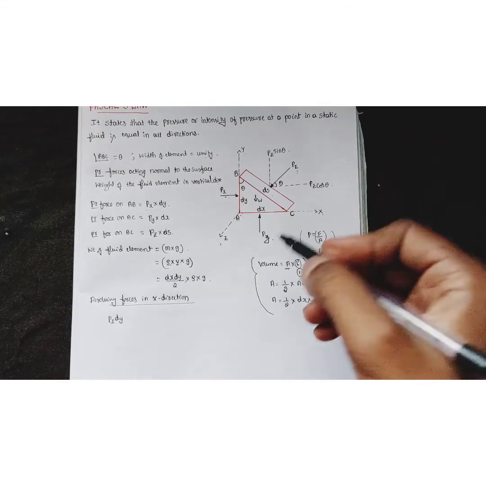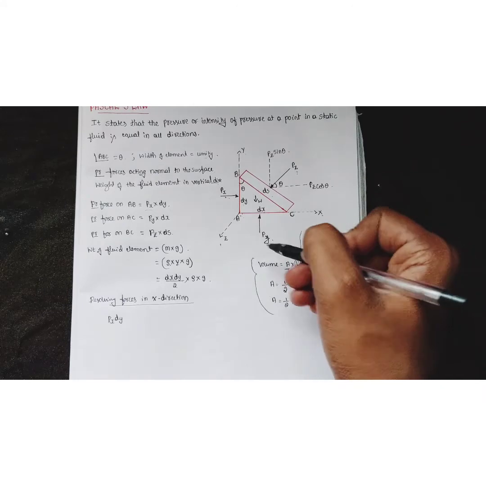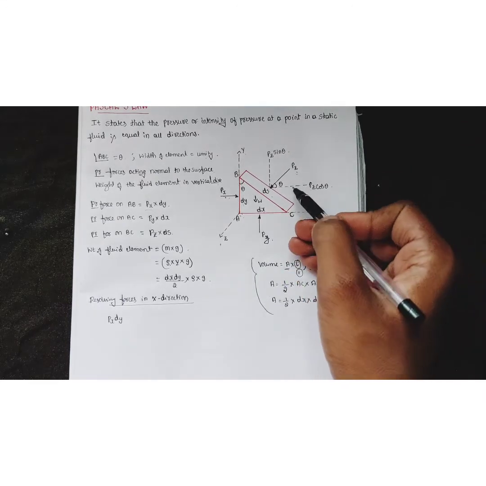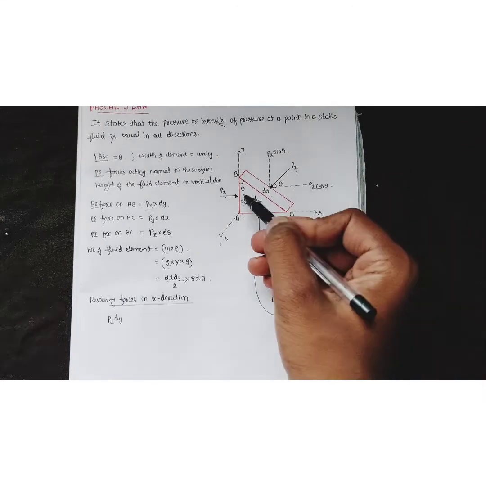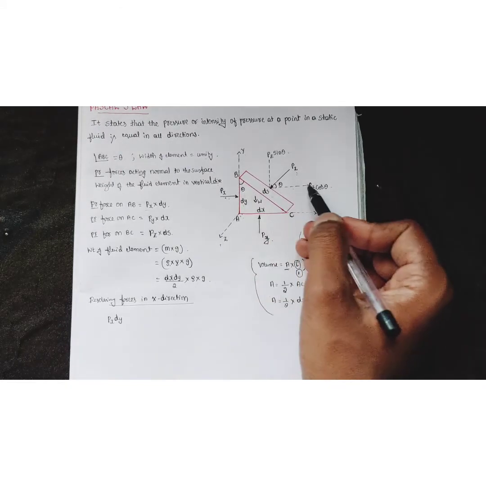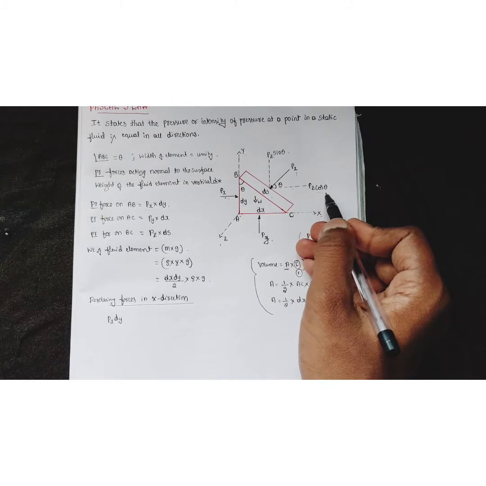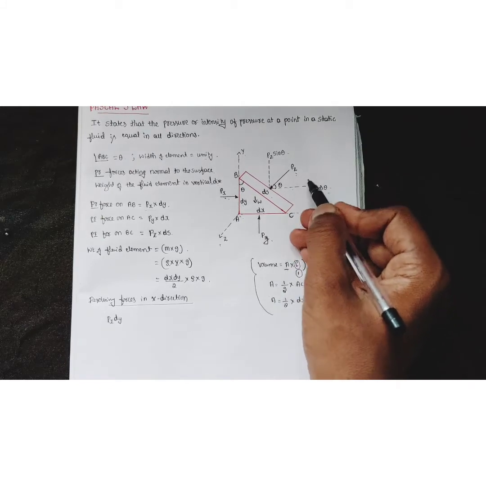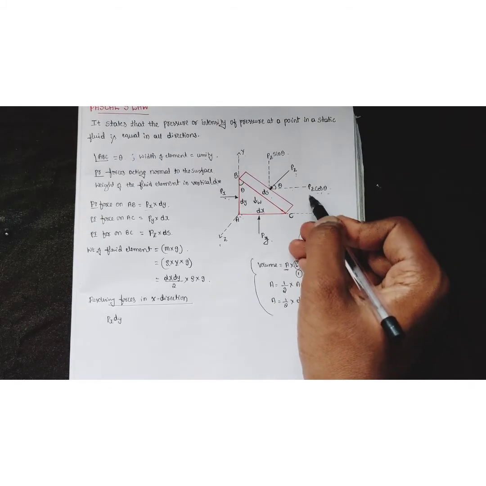Next, this one is acting in the vertical direction, so we are not going to consider it here. If you come here, we have two components, one horizontal and one vertical. For the horizontal component, it will be Pz cos theta, the intensity of the pressure.